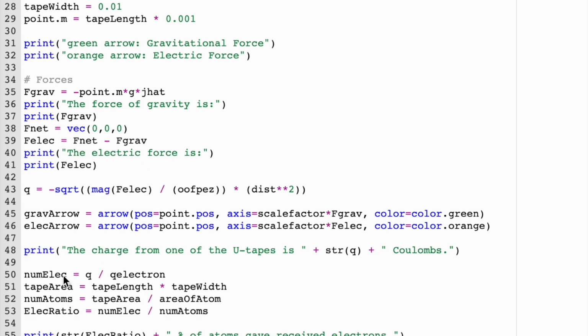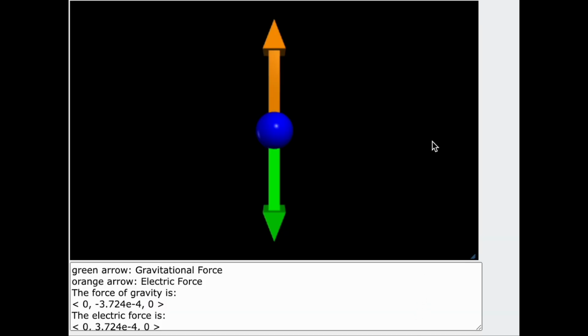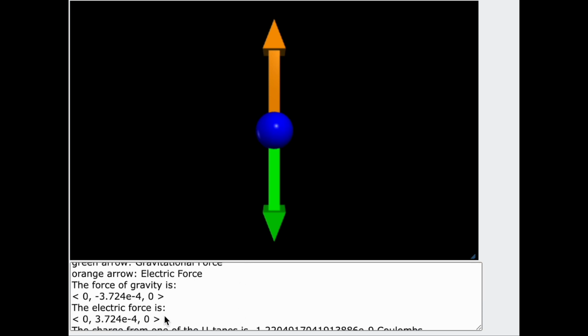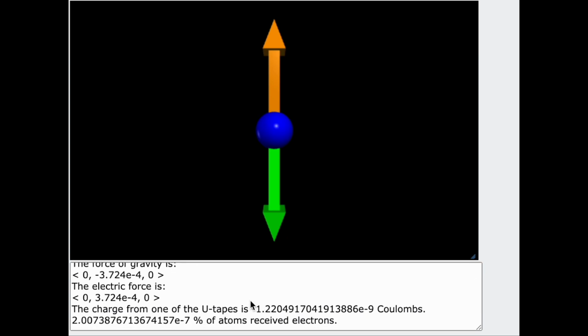We have our arrows and then some other calculations, and when we run it, we see the two arrows in the point charge, the green arrow representing the gravitational force, the orange arrow representing the electric force. We see that value-wise they're equal and opposite to one another in newtons, and the charge from each of the tapes is equal to this amount in coulombs.